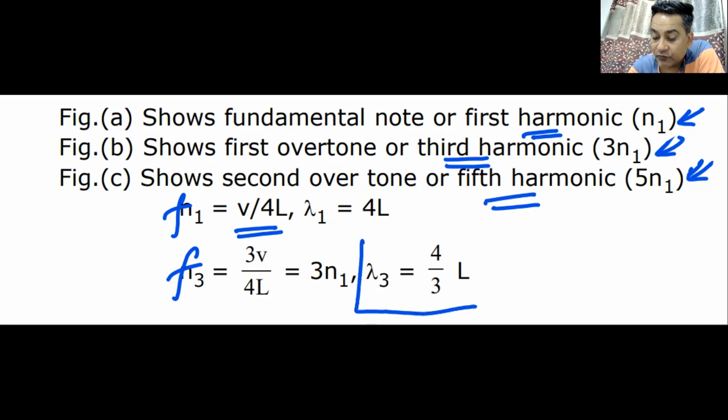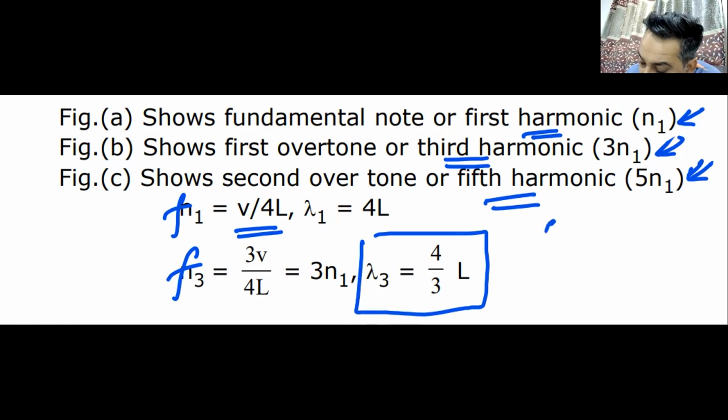Lambda 3 becomes 4L by 3. Similarly, F5 will become 5V by 4L and lambda 5 will become 4L by 5. Do we understand this?